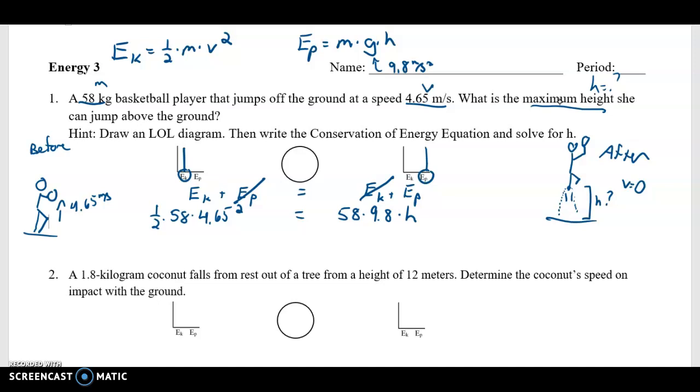A lot of people find it a lot easier to work through that problem backwards and do the 4.65 first, because it's 4.65 times 4.65. And in place of the 1/2, you could put 0.5 times 58 times 0.5. So this is basically what I plugged into my calculator.